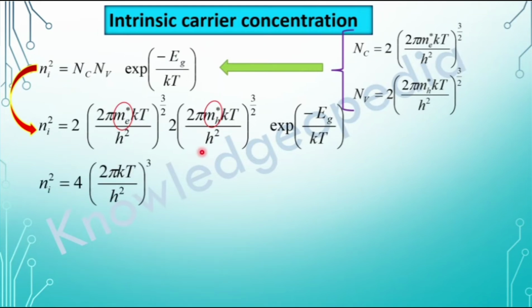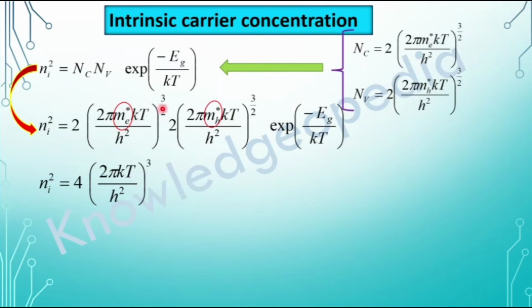So Ni square is equals to this 2 and this 2, that became 4, and this term is coming twice. So it is 2 pi kt by h square whole to the power 3 by 2, and as it is multiplied twice, I can take the square, then this 2 and that square will get cancelled, and we will be getting the final term as 2 pi kt by h square whole cube.